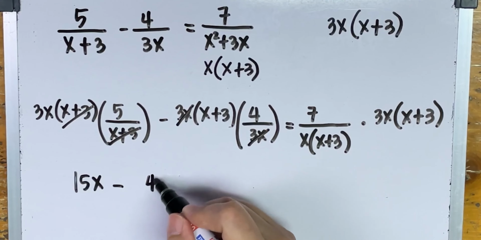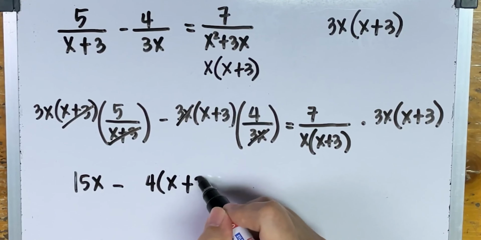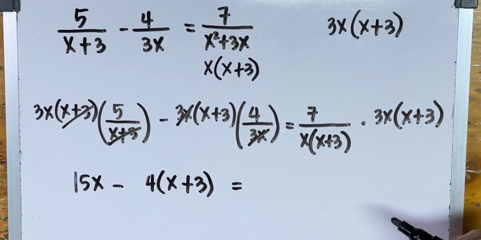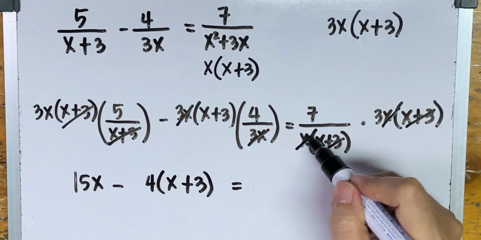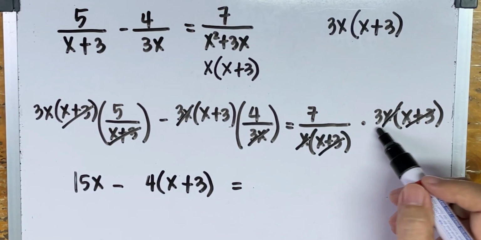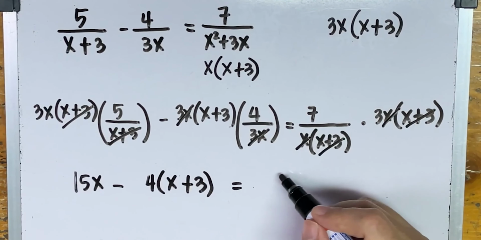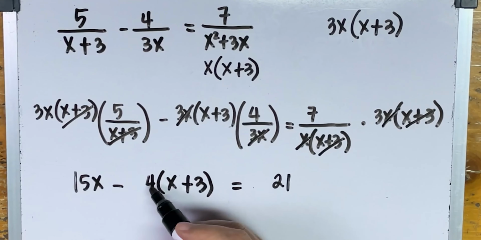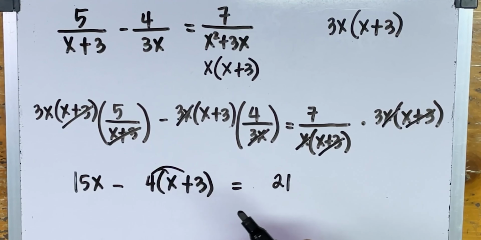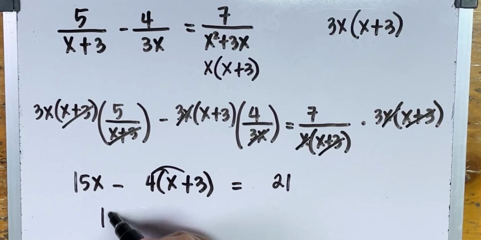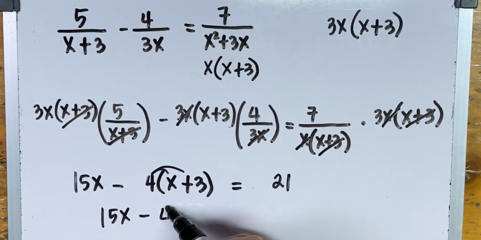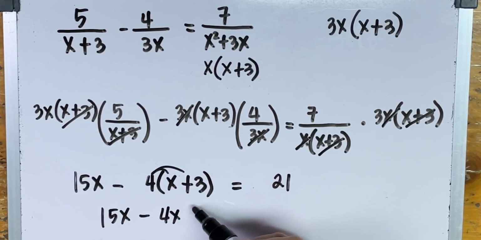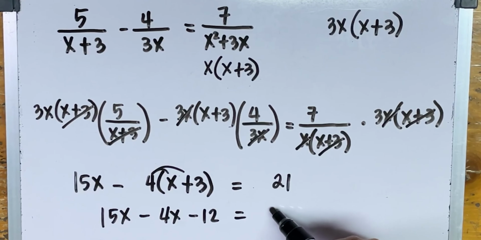So, minus 4 times x plus 3 equals x plus 3 cancels with x plus 3. Ganun din yung x. So, natira na lang is 3 and 7. So, we multiply that. That gives us 21. Distribute natin yung 4 sa bawat isang term sa parenthesis. So, copy natin to. So, negative 4 times x gives us negative 4x. Negative 4 times 3 is negative 12 equal to 21.